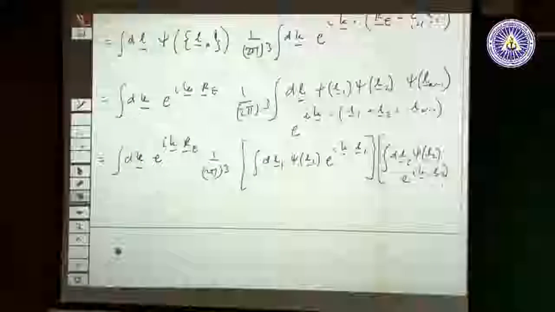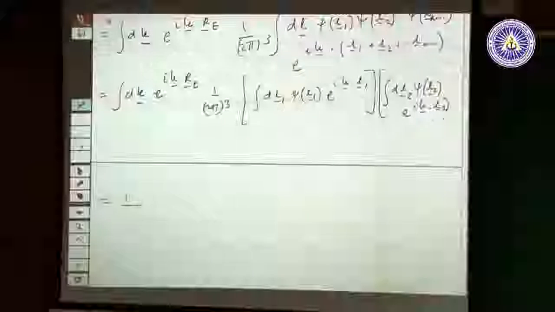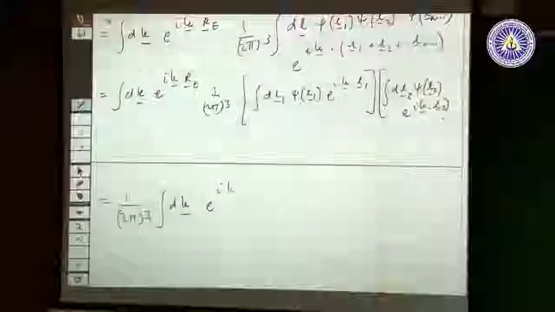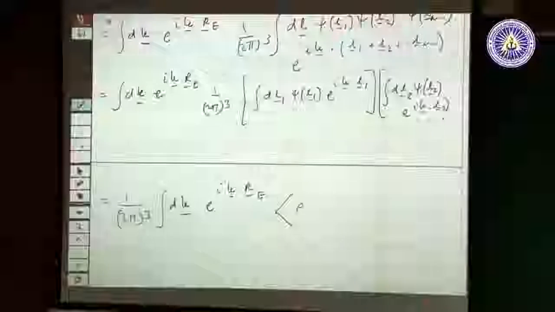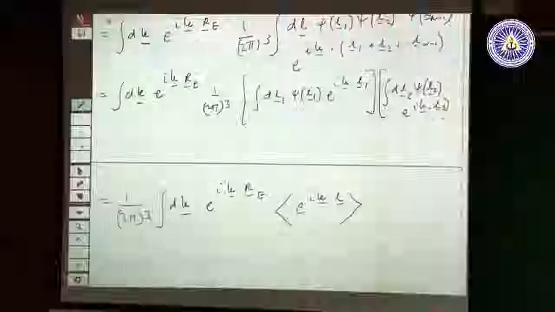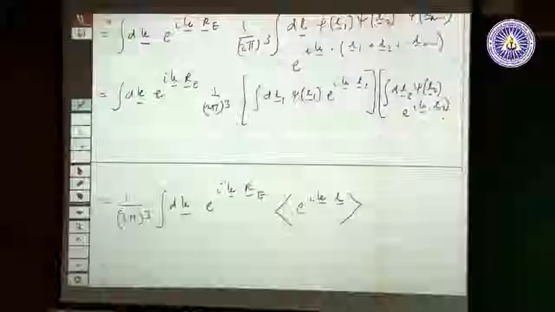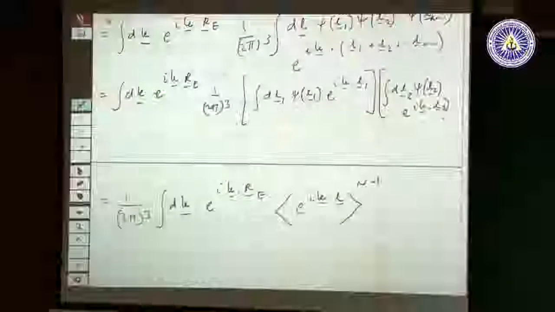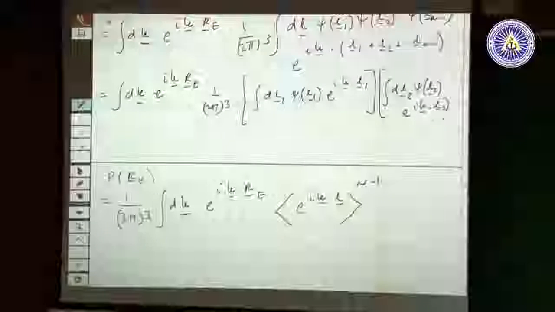This is equal to 1 over (2π)^3 integral dk e^(ik·R_E) times the average of e^(ik·L). I do not have to keep the index on the L, because it is just a dummy variable, and you integrate it out when you do the average, to the power of n minus 1. There are n minus 1 of these, and so this is the end-to-end distribution function.